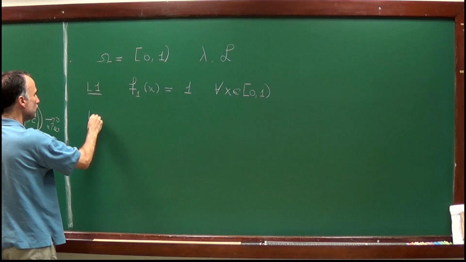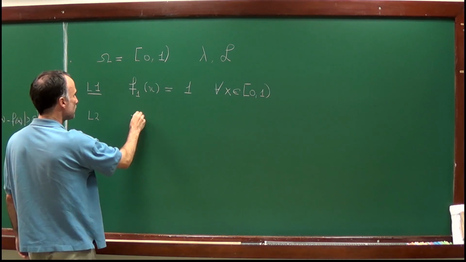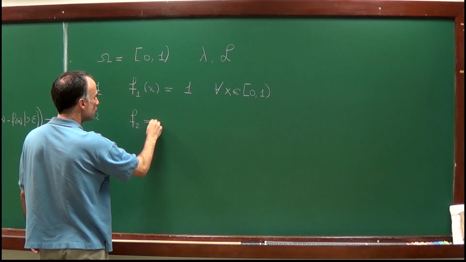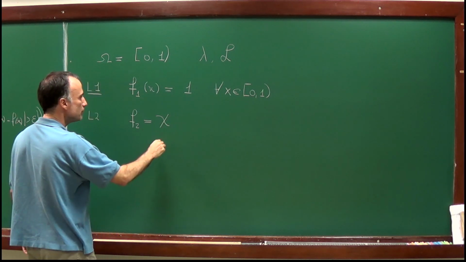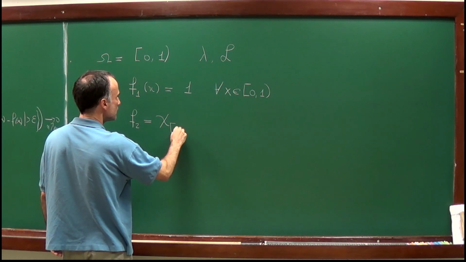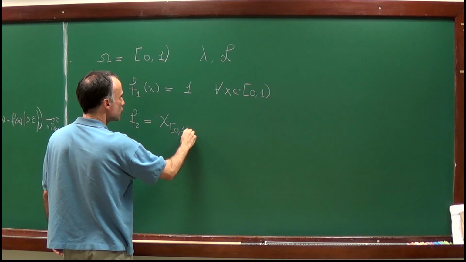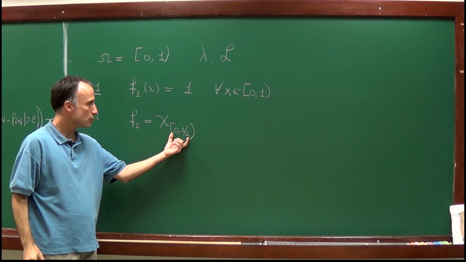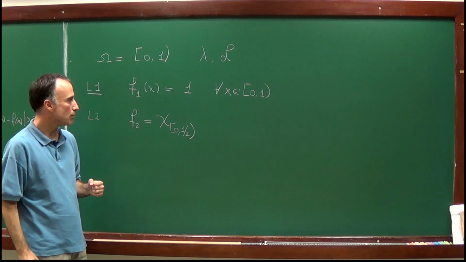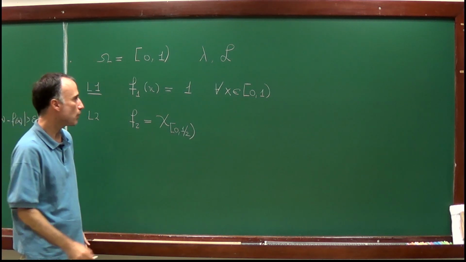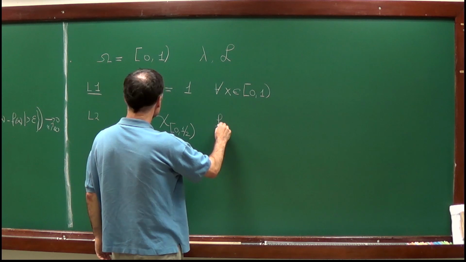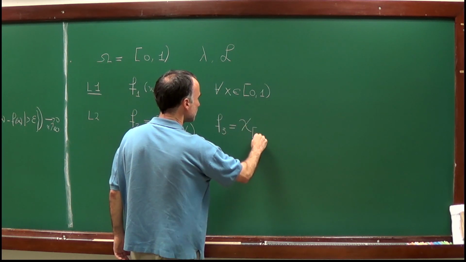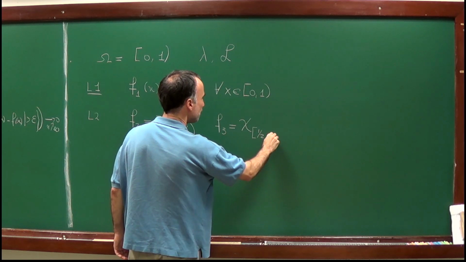Then we go to level 2, and for that I will define the functions f_2 and f_3. f_2 will be the indicator of the interval [0,1/2]. So this function f_2 is equal to 1 on the interval [0,1/2], and equal to 0 on the interval [1/2,1]. And the function f_3 will be equal to the indicator of the set [1/2,1].